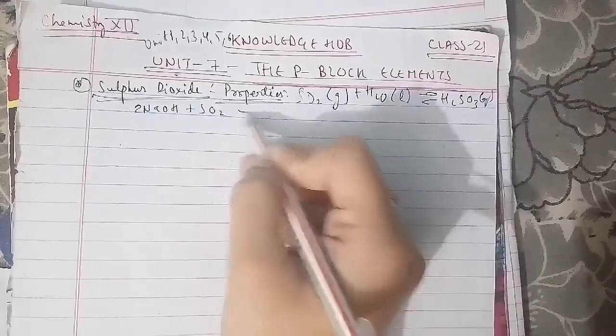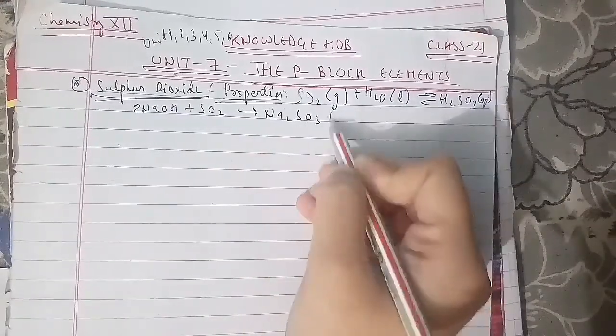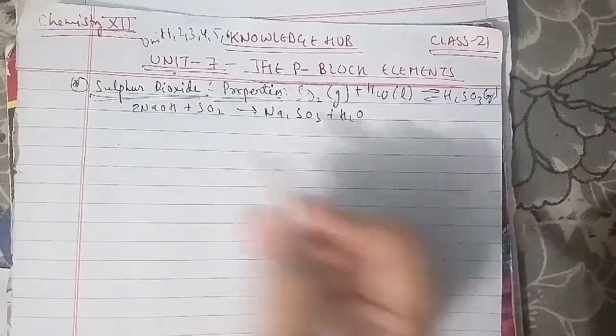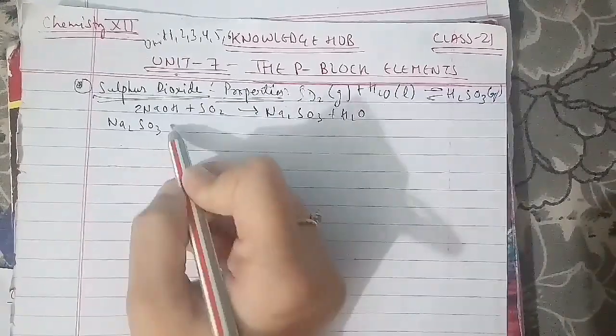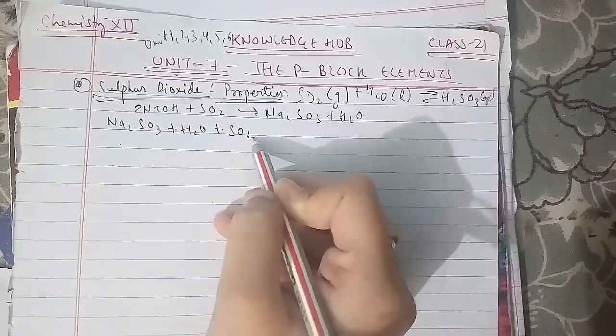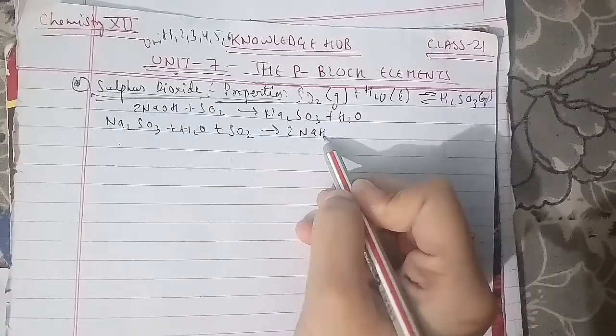Then Na2SO3 plus H2O plus SO2 will give 2NaHSO3.